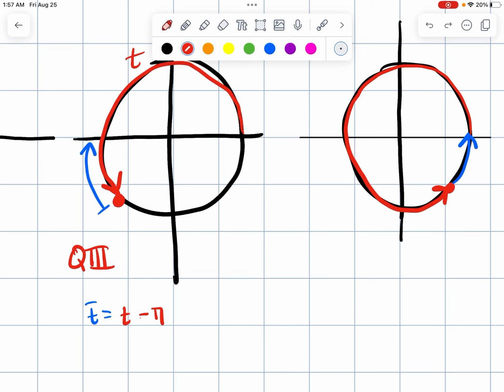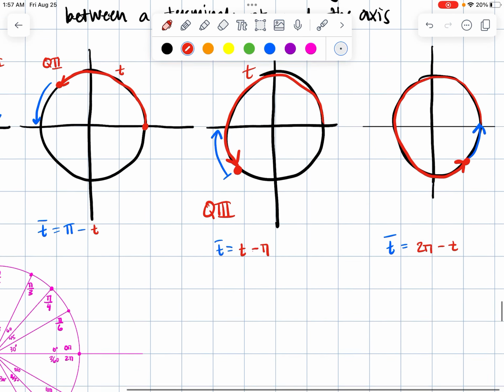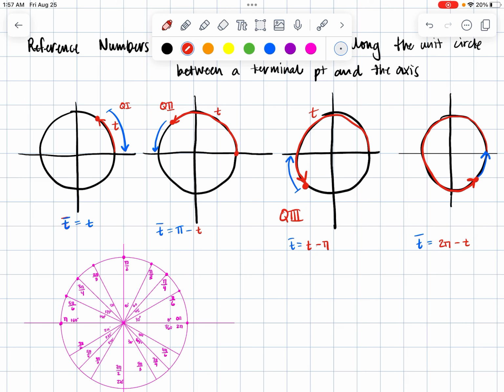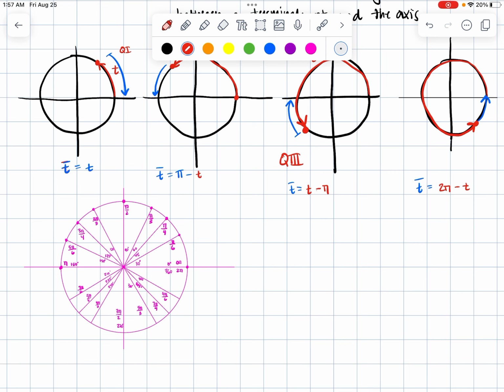So the equation for this, logistically, would be t bar is equal to 2 pi minus the t value. Because we want the whole circle minus the red is equal to the blue, right? So that's your 4 different scenarios. We want to find the shortest distance to the x-axis, okay?